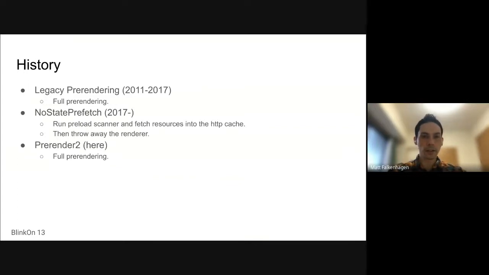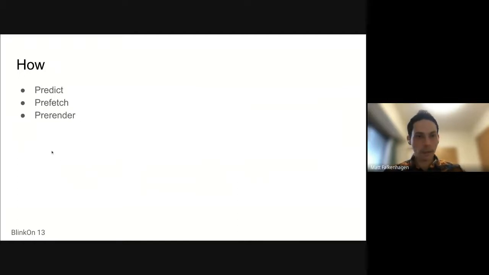The fetches are just normal fetches that are expected to populate the browser's HTTP cache, but there's no page that's created or rendered or a script executed during this. Once the scanner finishes its work, the render gets thrown away. So there's no state that persists after no-state prefetch beyond what's in the browser cache.